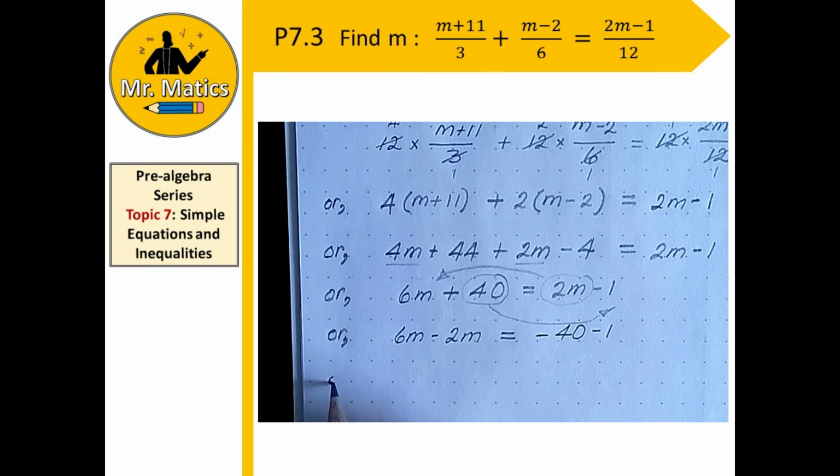And finally we get 6m minus 2m is 4m. 4m equals minus 41.